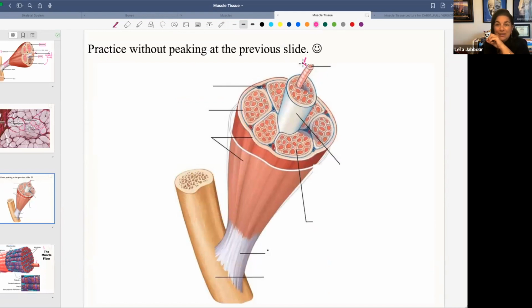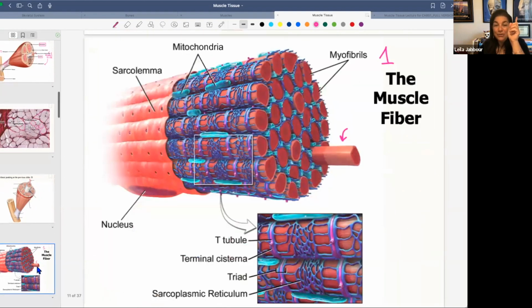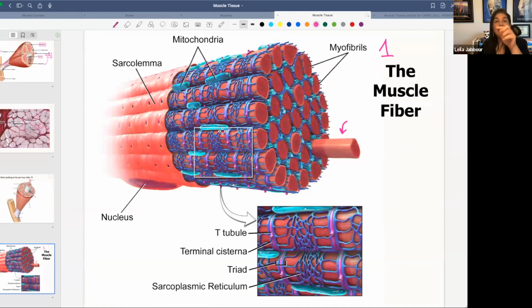This right here is one muscle fiber, one cell. In this picture, the entire thing is the one cell, and now we're looking inside of it.